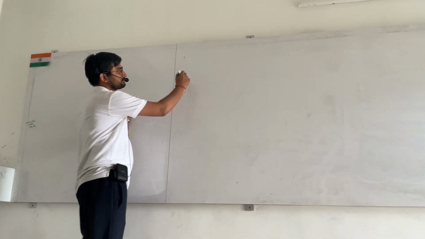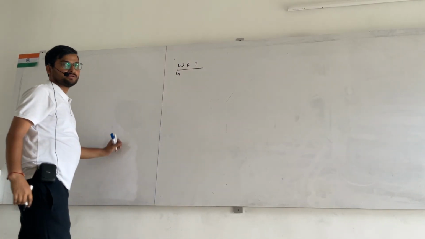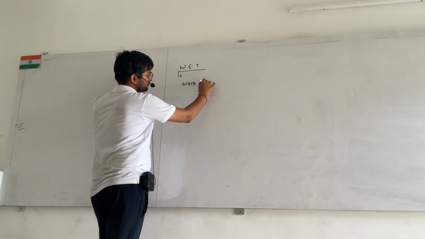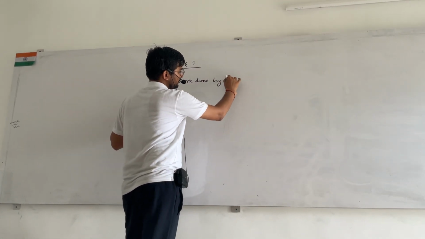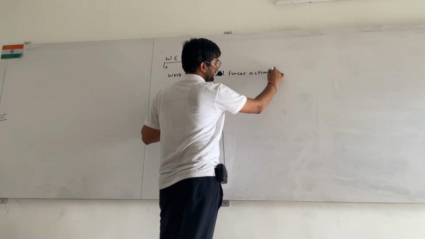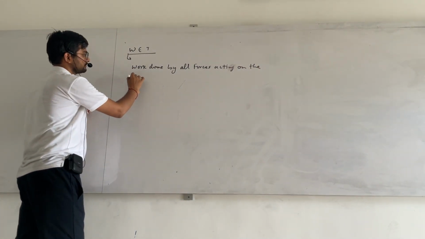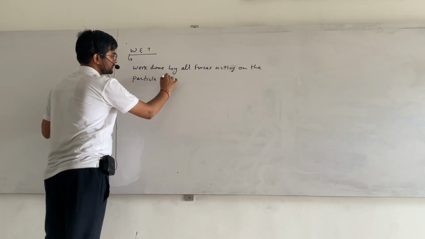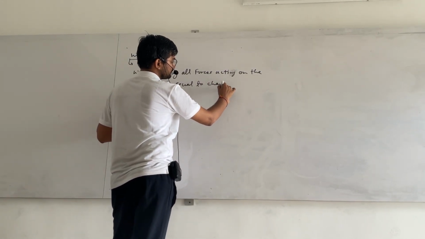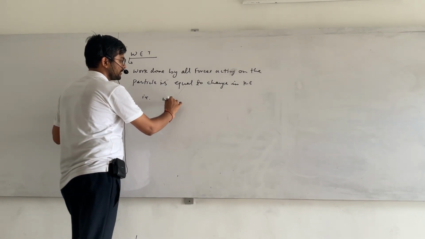According to the work energy theorem, the statement is: the work done by all forces acting on the particle is equal to the change in kinetic energy. That is, work done is equal to delta K.